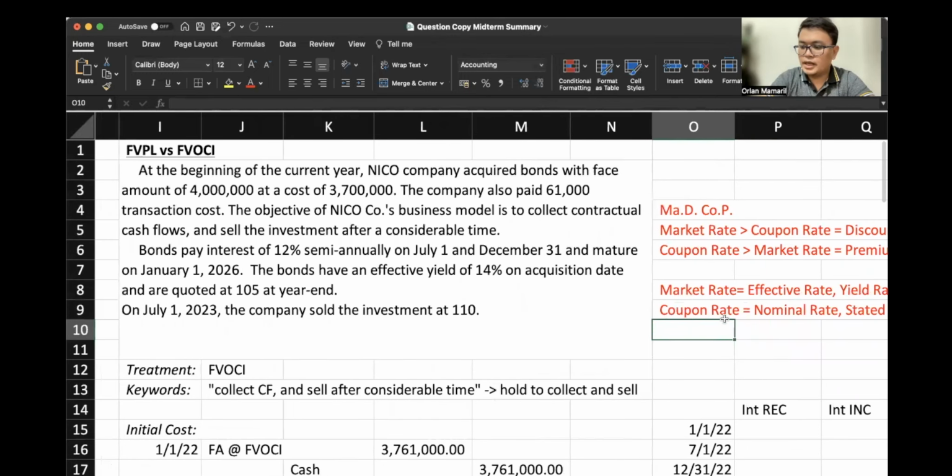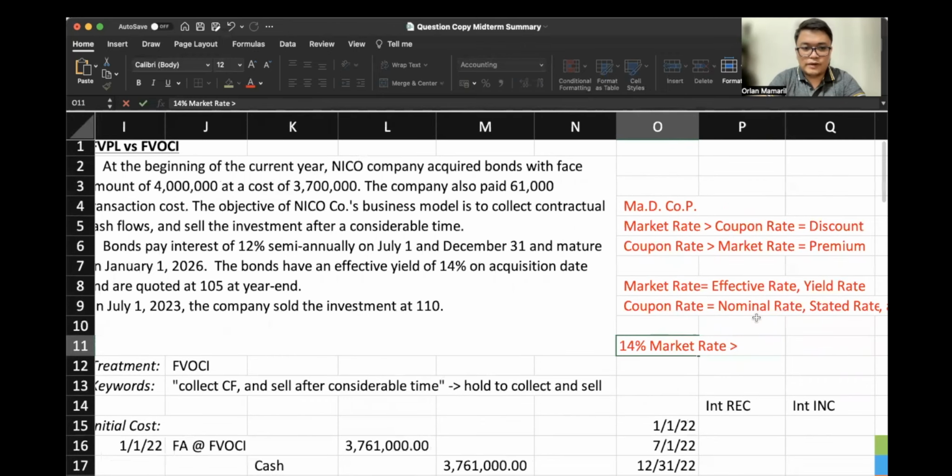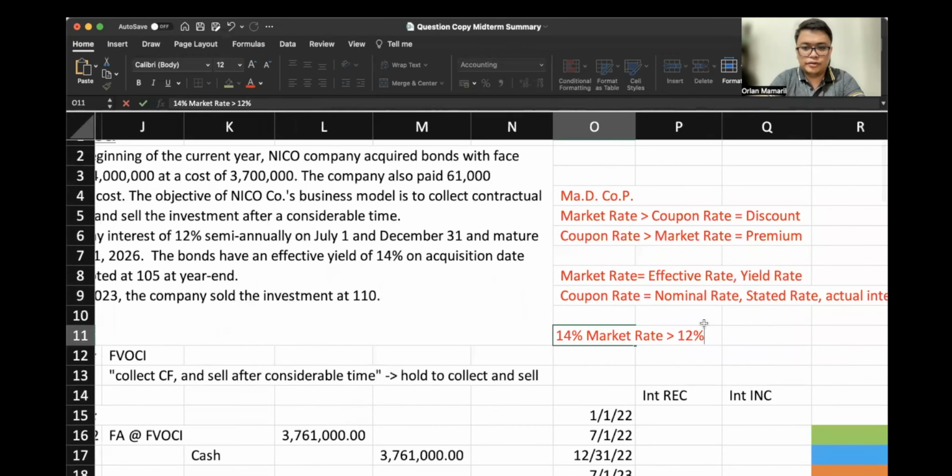Okay. And so we have an effective yield of 14%. So that's your market rate. And it's greater than your 12% coupon rate. Therefore, we have a discount.